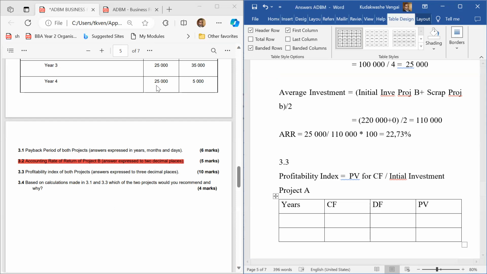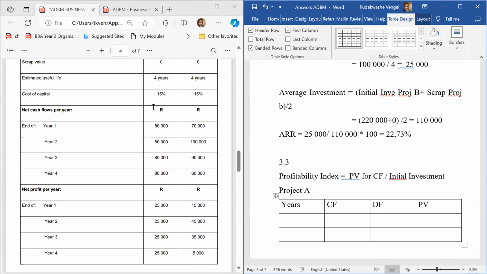All right. So project A. Okay, so project A is something that is unique. Project A has got similar cash flows all throughout. Remember what we talked about last lecture? We said that if you have got the same cash flow, then that cash flow is an annuity. And when you have an annuity, you can use the second table, for a regular annuity.